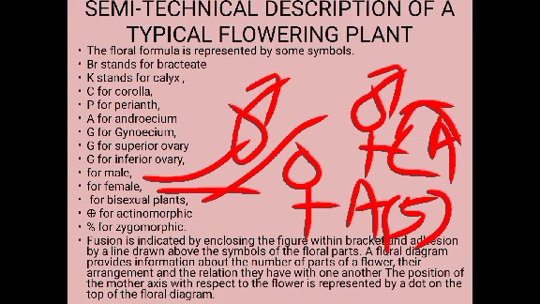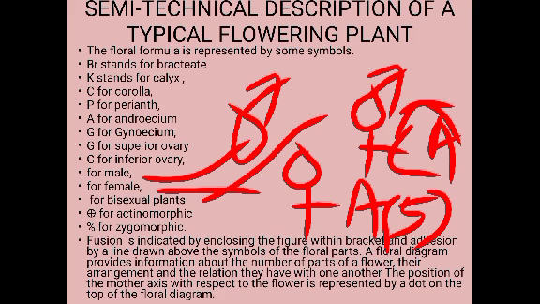And the floral formula also tells us the fusion between similar or dissimilar characters, that is cohesion and adhesion within the parts of the whorls or between the whorls. So this is about the symbols which are used for denoting each and every characteristic of a plant part.